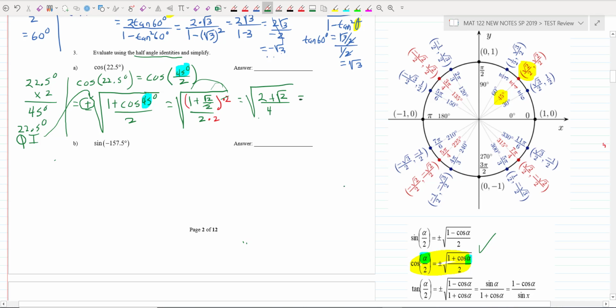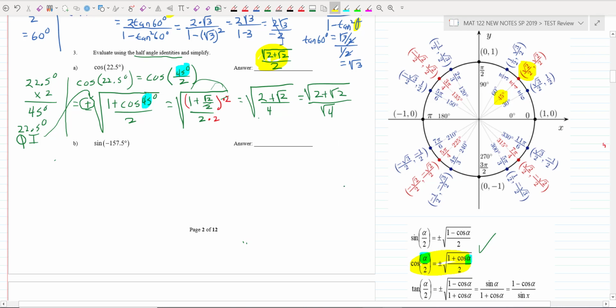Okay, and then to finish this up, you basically want to just divide this up, do the square root of the top and the square root of the bottom. Then you got your answer, okay? So the answer to the problem, I'm just going to write like this, is square root of 2 plus square root of 2 all over 2. So that should be the answer to the problem.